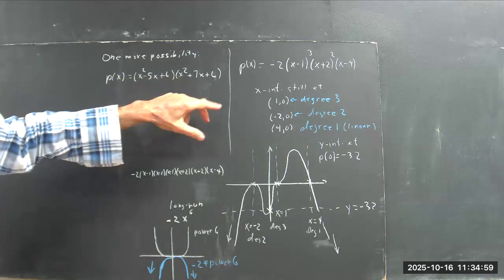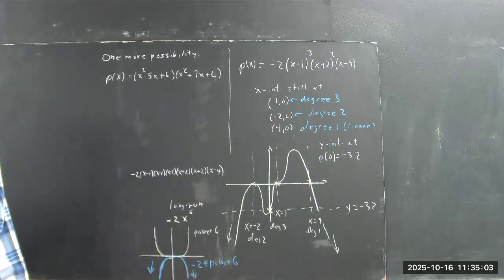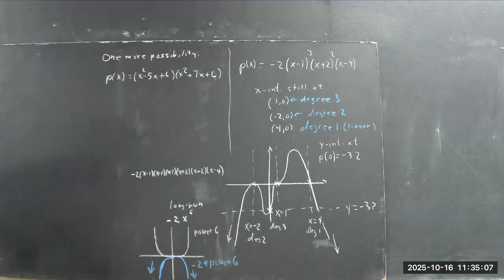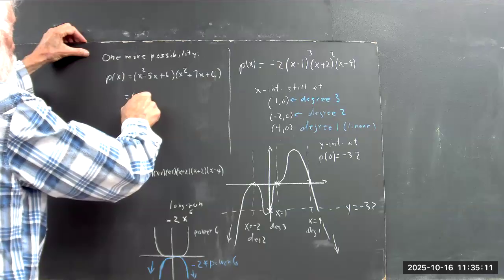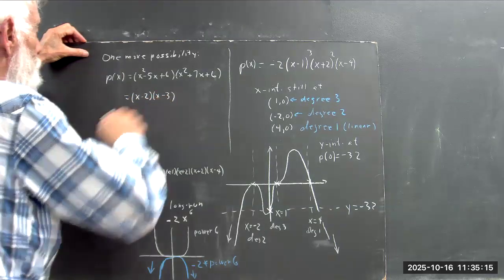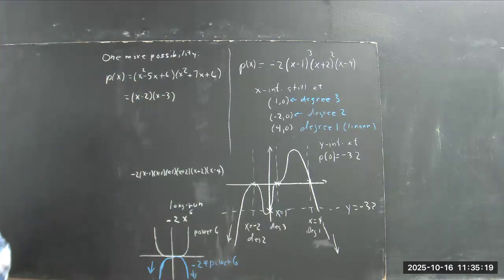This isn't completely factored. This is, because everything is a linear factor. What about x squared minus 5x plus 6? Well, that factors, it's x minus 2 times x minus 3. If you multiply that out, you're going to get x squared minus 5x plus 6.